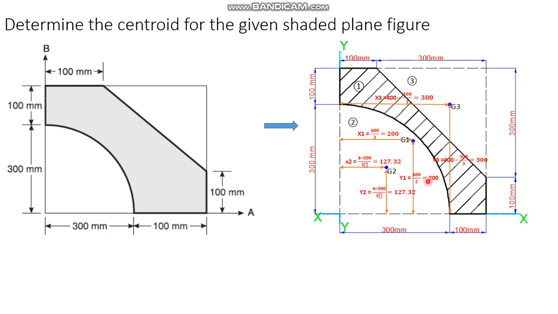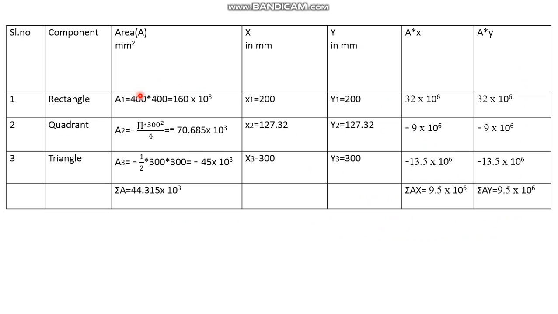So substitute all the areas in the tabular column. First, the rectangle is 400 mm by 400, so you'll get 160. Since you have bigger areas, you put the answers in 10 power 3 or 10 power 6. If you want the answers in 10 power 3, press ENG on your calculator; it will give 10 raised to 3, 10 raised to 6, like that.